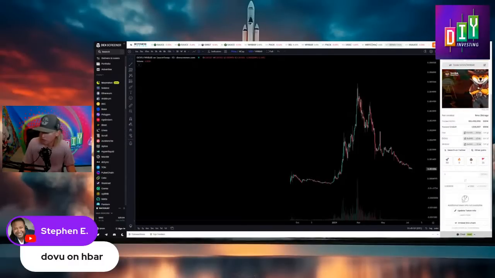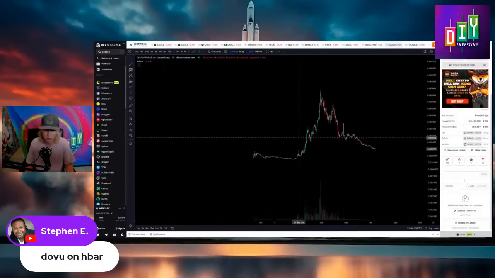It doesn't have any description for me to see. Let me pull it up real quick over on CoinGecko and see if it pulls up anything. It does not. So I don't know anything about this. All I can go off of is what the chart shows, but I will say the chart looks solid.